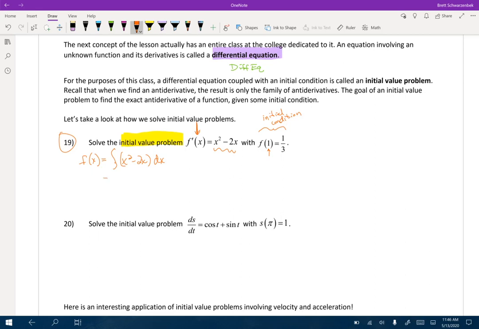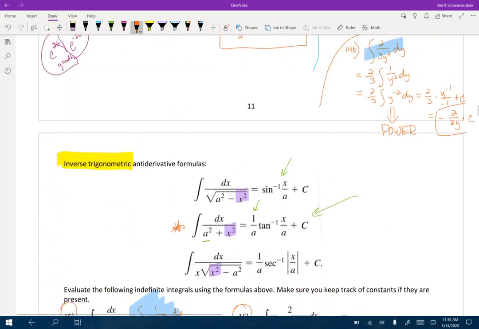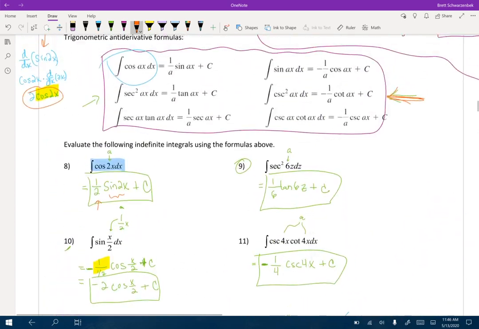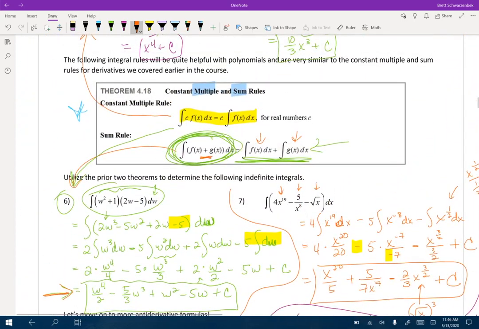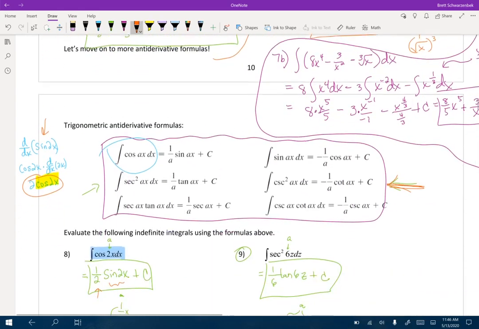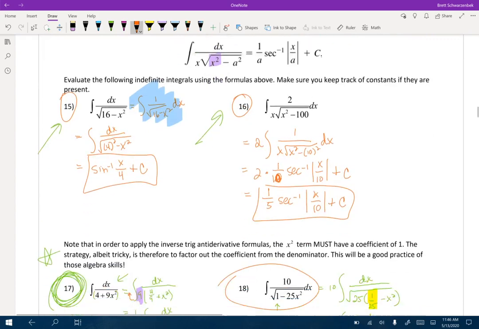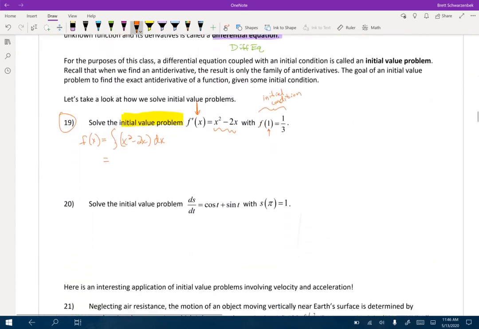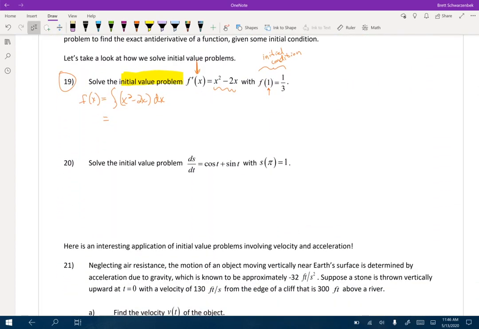So once I do this, I can actually go to work. This is returning to the beginning of the lesson, when if you're given one of these, you can go right through and do every single antiderivative individually because it's separated by pluses and minuses. So that's what we're going to do, but we're not going to write it out this time. We're literally just going to take the antiderivative as we go. So look at the antiderivative of x squared.